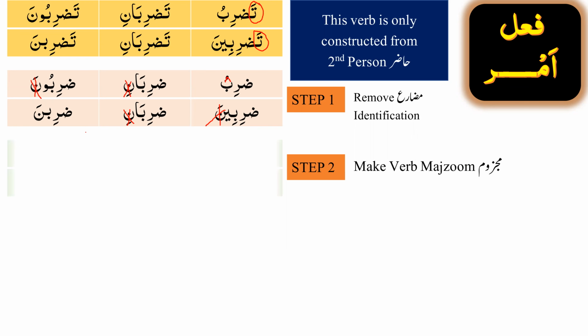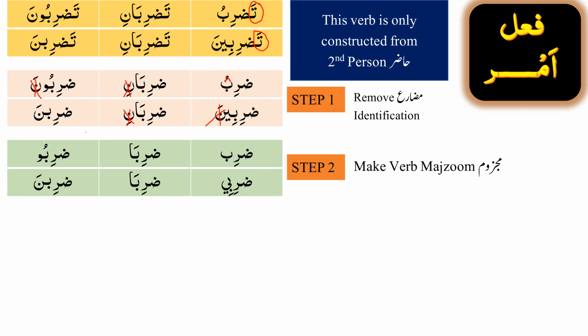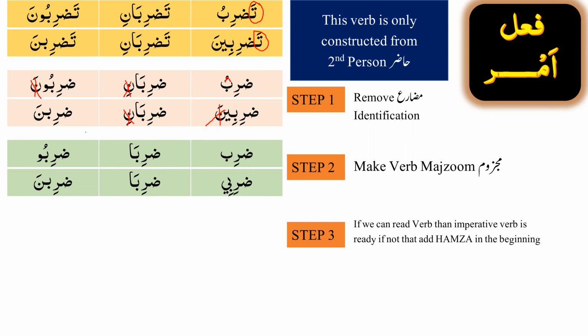Superb. So this happened. Now read the third step. Step 3: if we can read the verb, then the imperative verb is ready. If not, then add hamza in the beginning. So after making it majzoom, can you read it? No, sir. Why can't we read it?